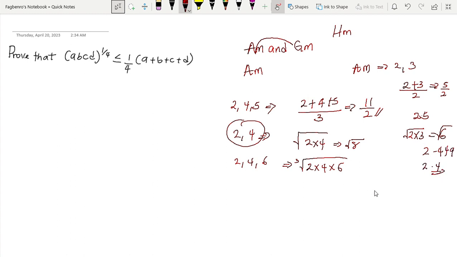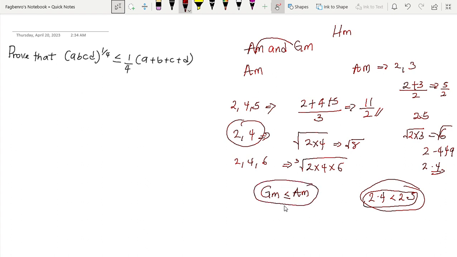Now you will see that 2.4 is less than 2.5, which implies that if you test other numbers, this kind of relationship will still occur. So your GM is less than or equal to your AM. It is this generality that we are going to use to prove this inequality here.